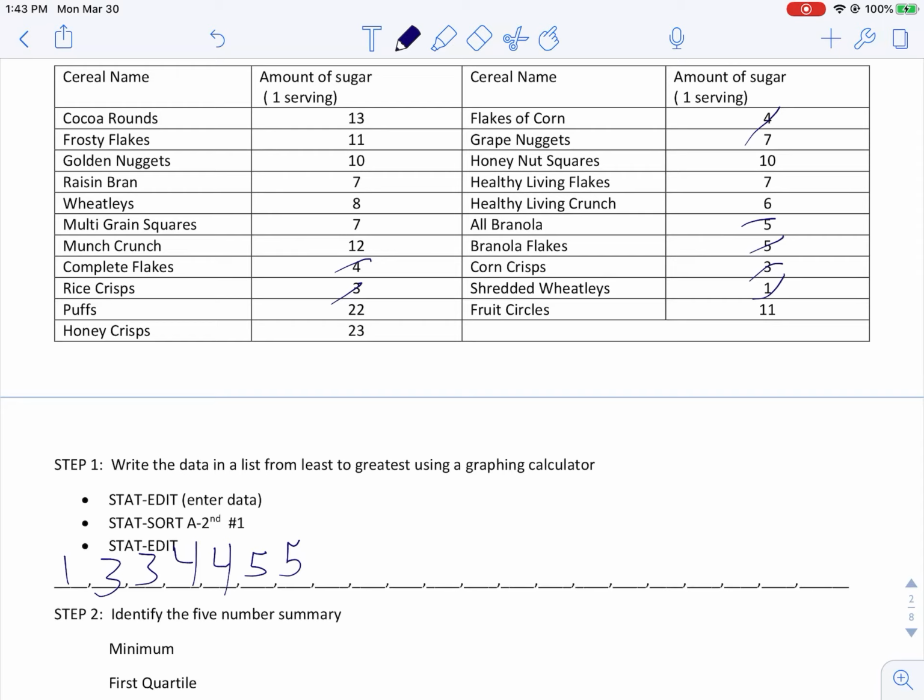I have 6 once. 7, 3, 4 times. I have 7. Do I have an 8? I do have an 8. It's right there. That's a terrible looking 8.